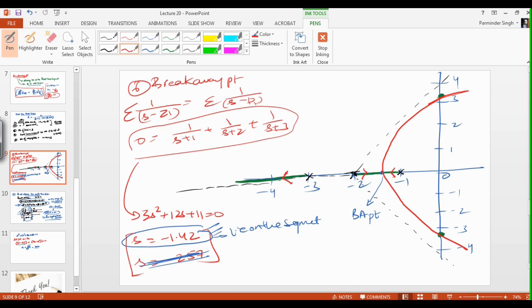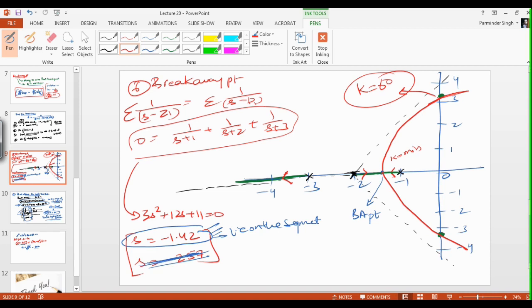Clear? Now at this particular point, k was maximum, that is 60. When I take k equal to 60, the root locus reaches the imaginary axis and the system is on the verge of stability. Now at the breakaway point, I said k should be minimum. What is this breakaway point? Minus 1.42.